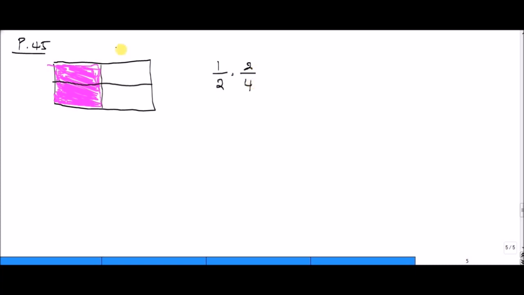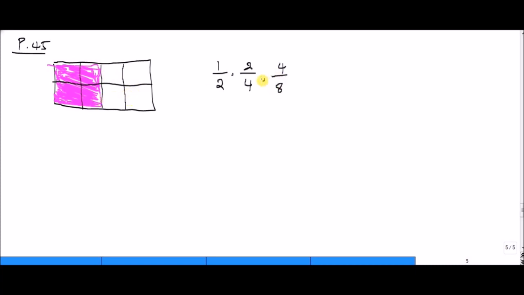Alright, let's go again. I'm going to add a line here and a line here. This last line would be centered better. Now, same amount here, same value here, but now this would be 1, 2, 3, 4 shaded pieces out of a total of 1, 2, 3, 4, 5, 6, 7, 8.